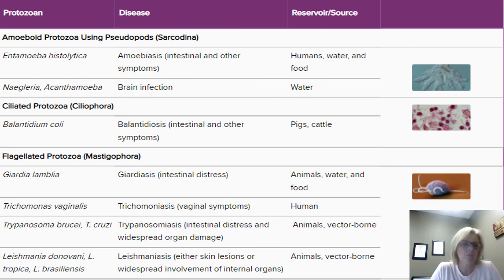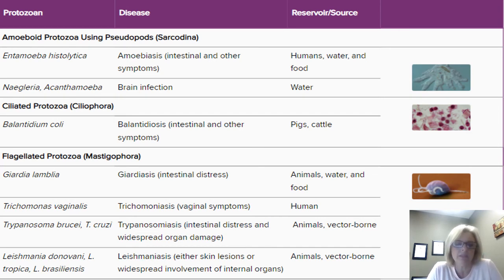We've got the ciliated protozoan Balantidium coli. That's usually going to affect pigs or cattle. Giardia, you've probably heard of giardiasis. We have trouble with this sometimes with vegetables, and this is again going to be diarrhea causing. And then there's the trich. Trypanosoma cruzi, trypanosomiasis, is going to again be intestinal distress.